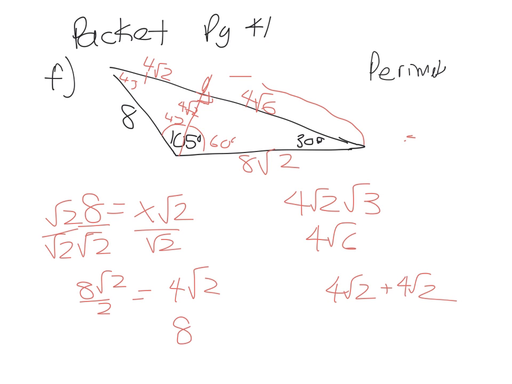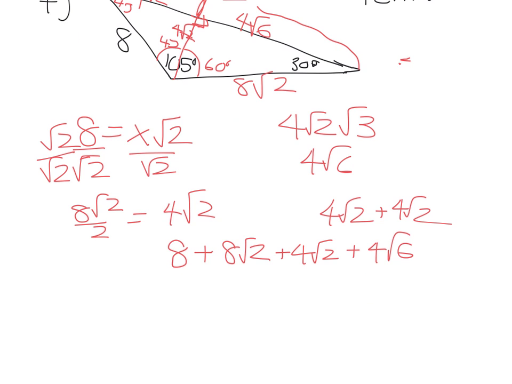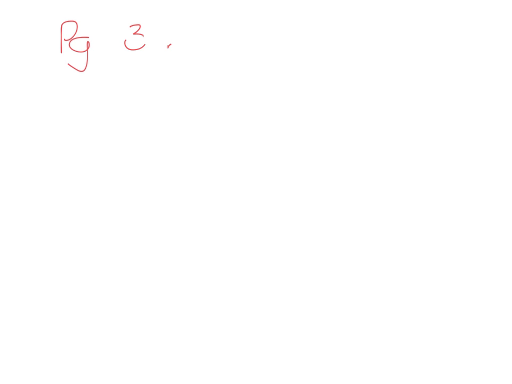I just have to add these up: 8 plus 8 radical 2 plus 4 radical 2 plus 4 radical 6. I can simplify to 8 plus 12 radical 2 plus 4 radical 6.